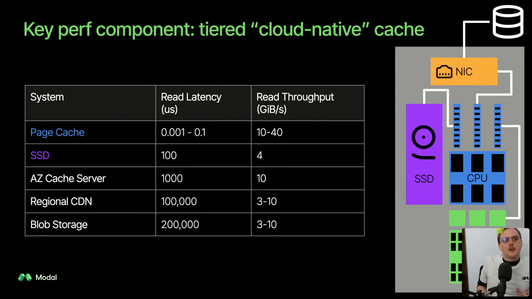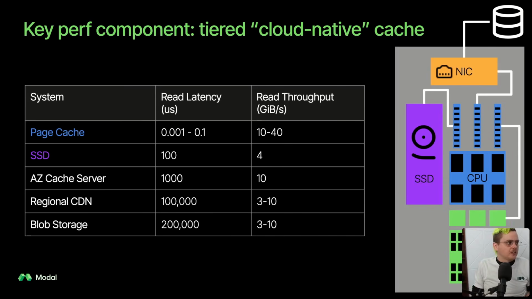We use really big disks on our workers so that we can store lots and lots of these content addressed blobs, so that most of the stuff that you are going to read is already available on disk. The capacity of those is limited, and there's a wide variety of workloads people are running.